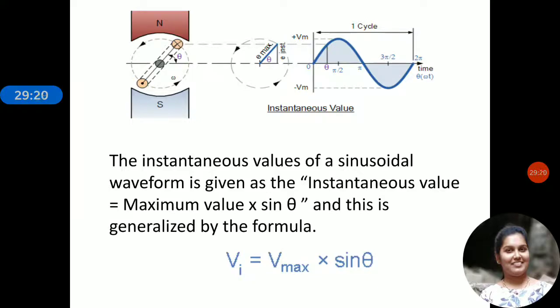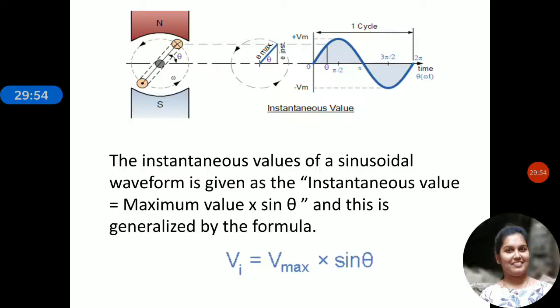Vi is equal to V max sine theta, where Vi is the instantaneous value of voltage, V max is the maximum voltage induced in the coil, and theta is equal to omega t, the rotation angle of the coil with respect to time. If we know the maximum or peak value of the waveform, by using the formula above, the instantaneous values at various points along the waveform can be calculated.